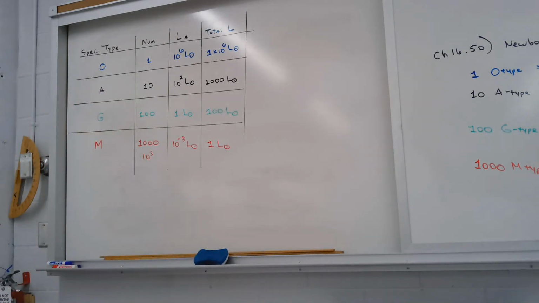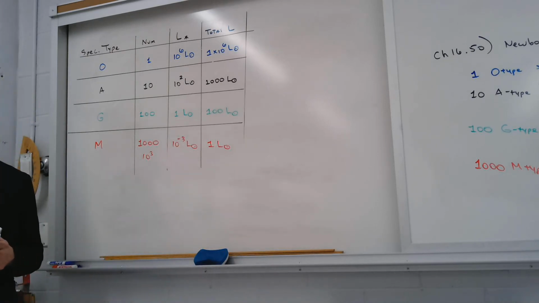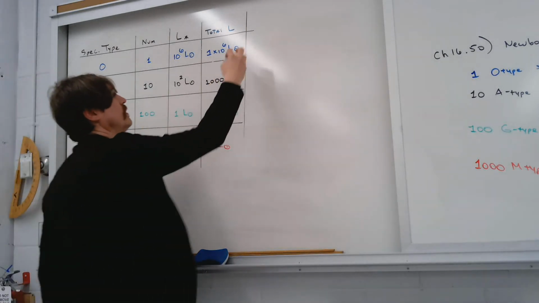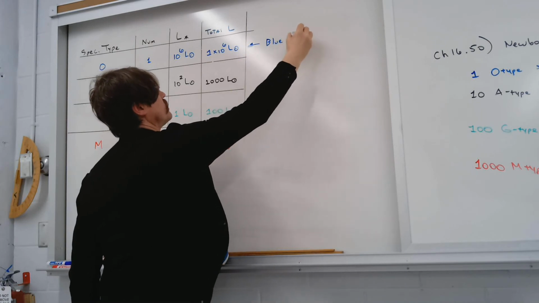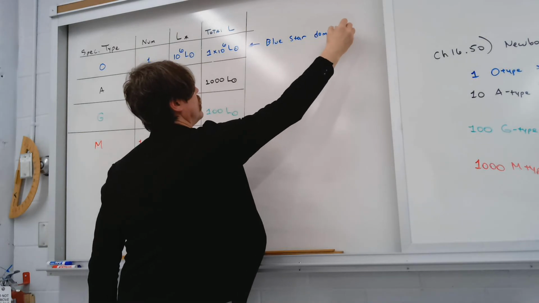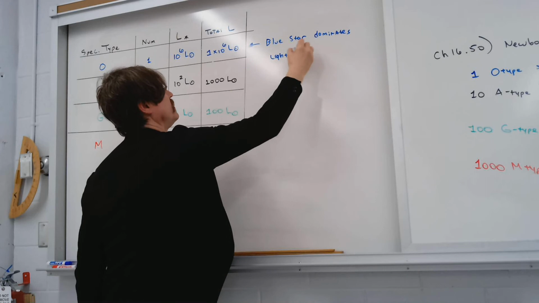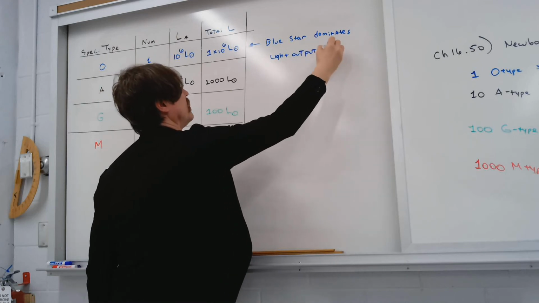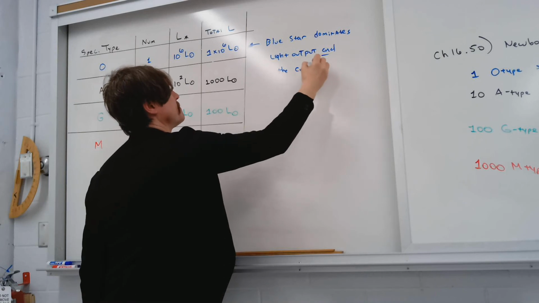Cool. So which color and which type of star dominates the cluster? Yeah. So the way this works is the blue stars dominate the light output and the color of the cluster.